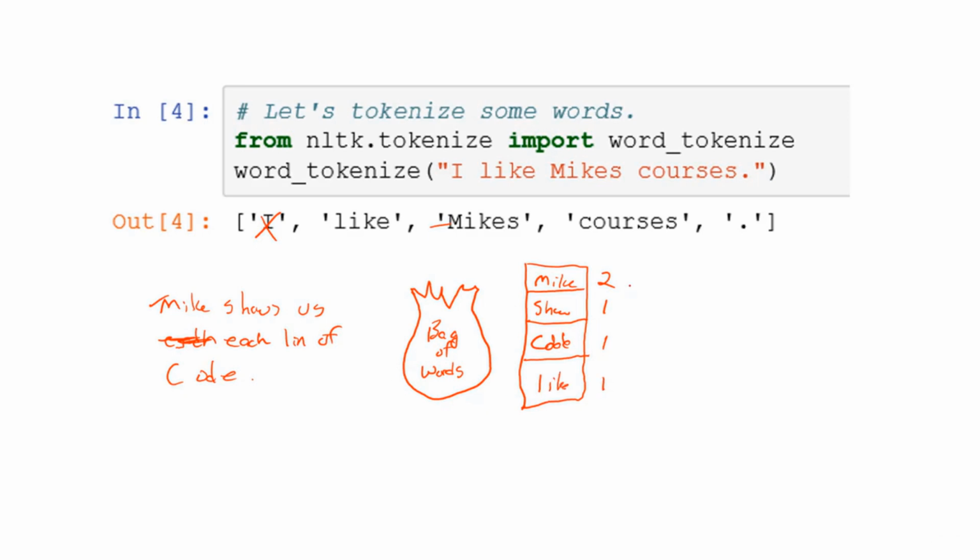So what we do now is we count the number of words in a body of text. Let's say this is a tweet about a movie. Well, if there are a ton of likes and loves, then that's going to be a positive tweet.